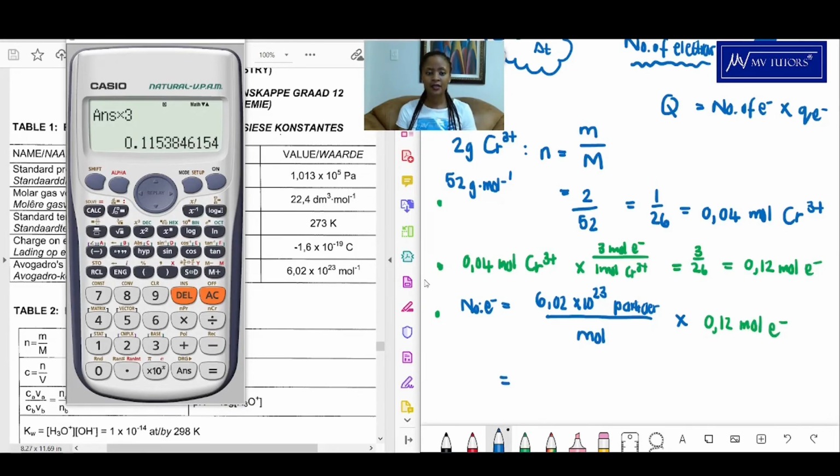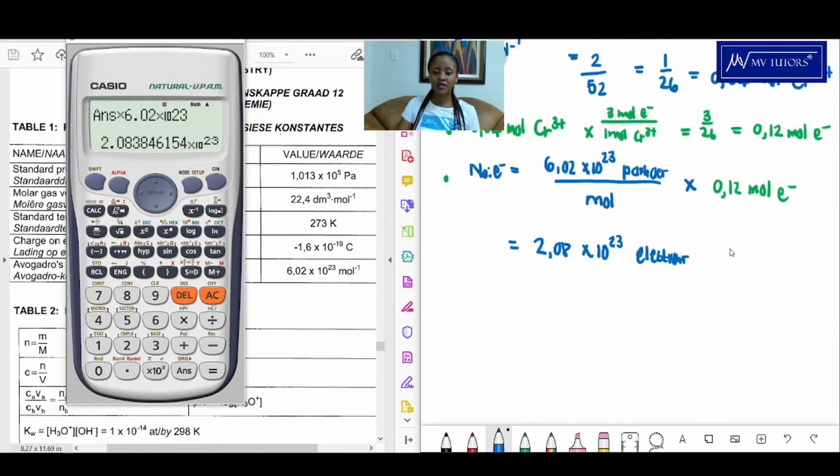We take this value multiplied by 6,02 times 10 to the power 23, and that would be 2,08 times 10 to the power 23 electrons. Great, now we are getting somewhere.